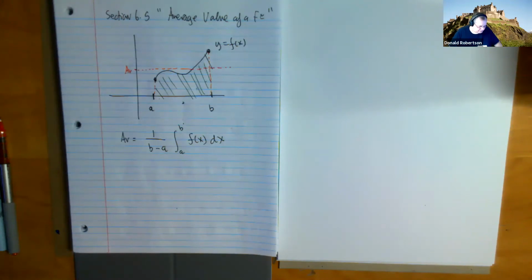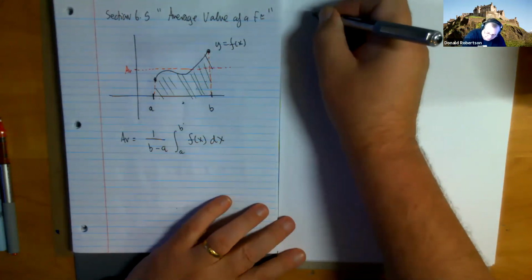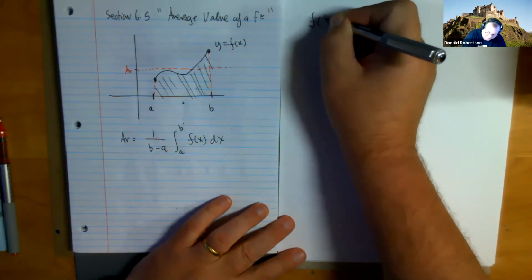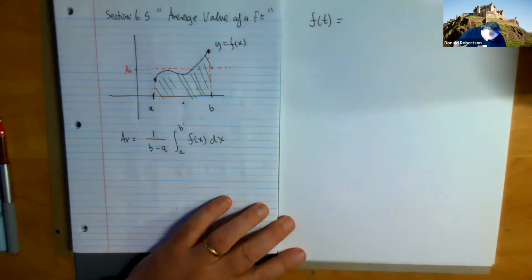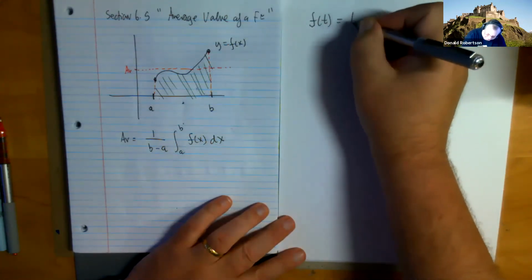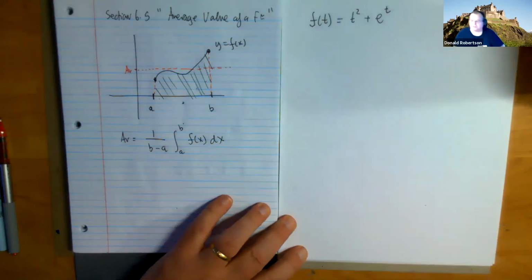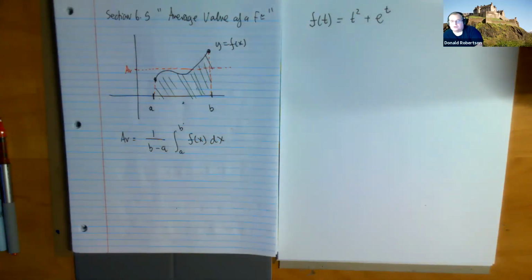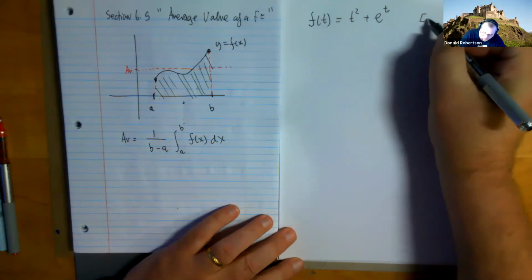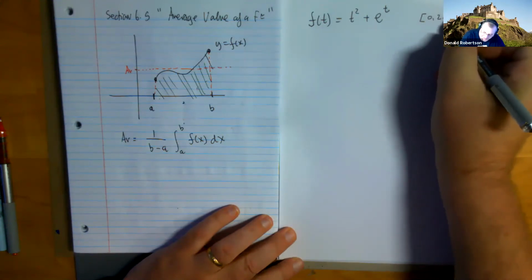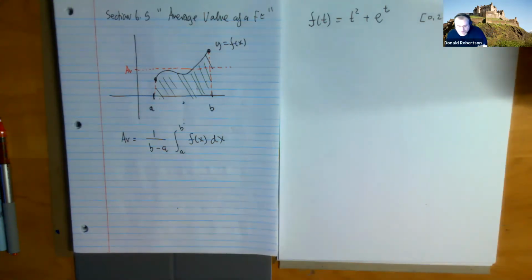So let me do one. Suppose the instantaneous temperature was given by t squared plus e to the t. And I would like to know the average temperature in a 24-hour period.